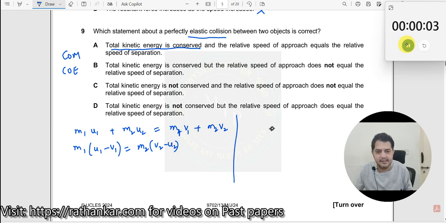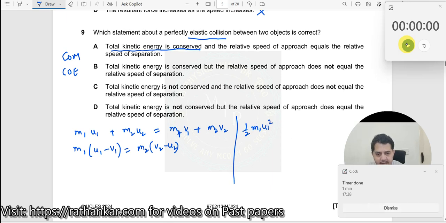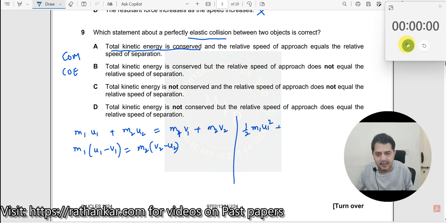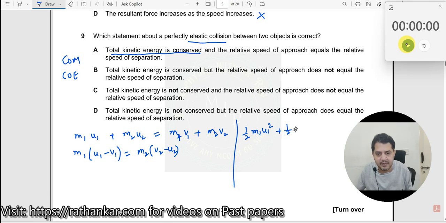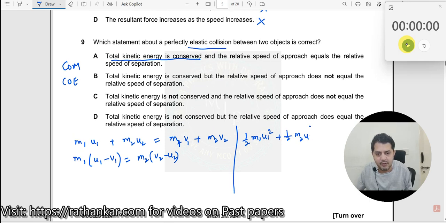Next, I will apply conservation of energy also here. How do I apply it? I will write half m1 u1 square plus half m2 u2 square is equal to half m1 v1 square plus half m2 v2 square.